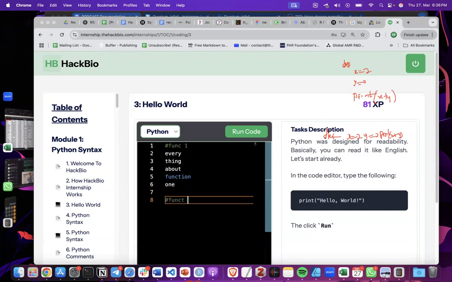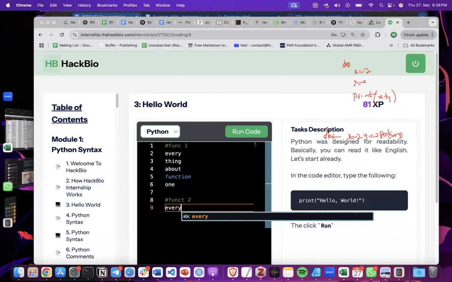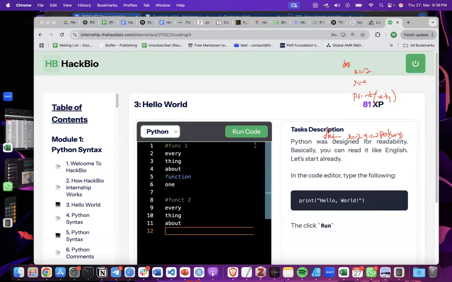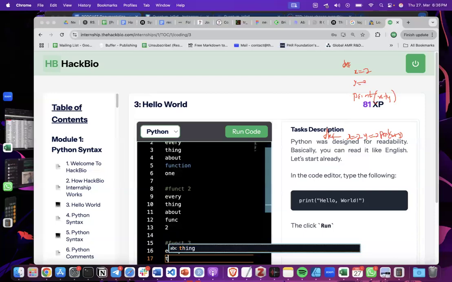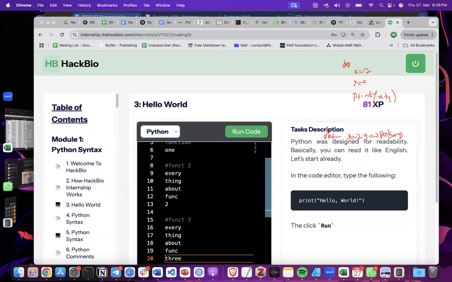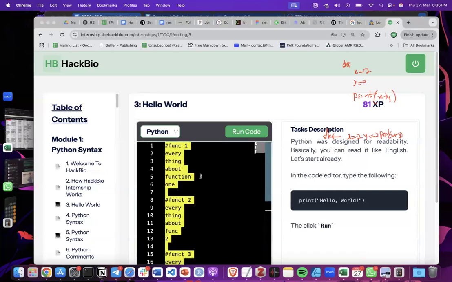Function 2, everything about function 2. Function 3, everything about function 3. Just copy everything as it is.